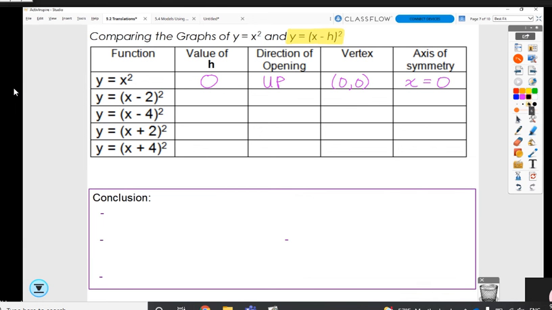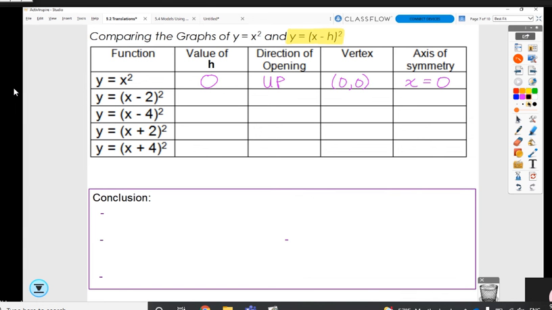Now, x minus 2 squared. This is almost like a trick question, but what is the value of h? Be careful when you answer. What do you think? Why do you say positive 2?